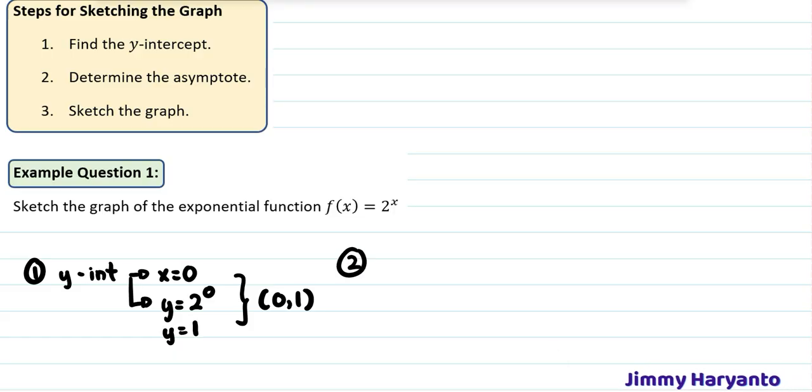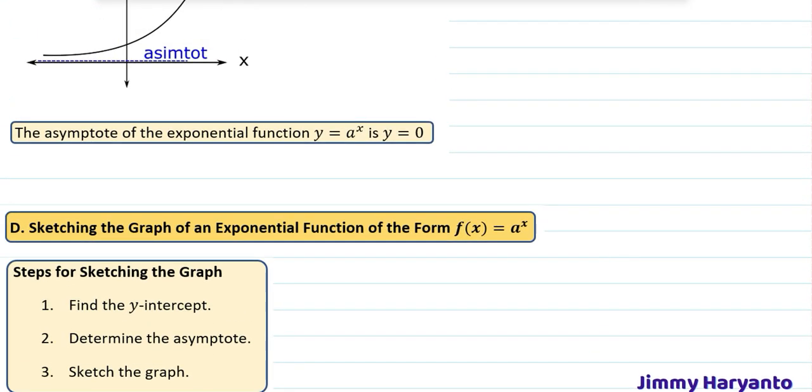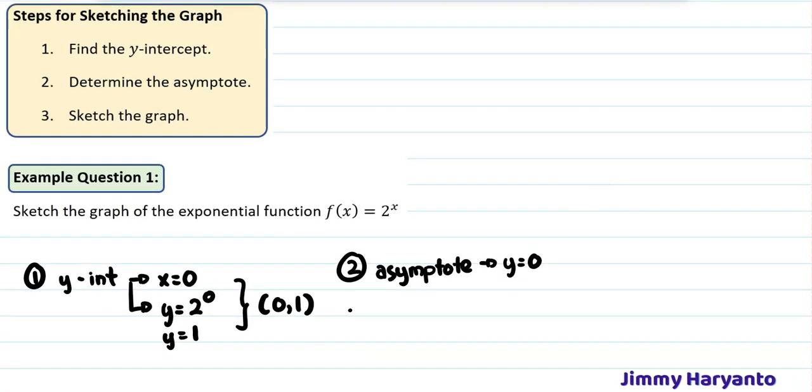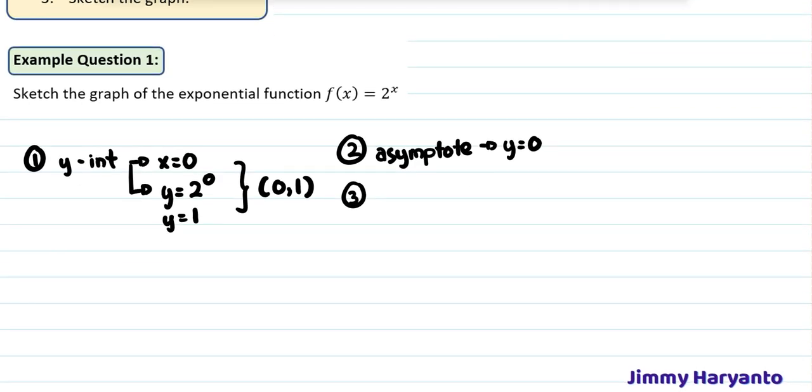Next is to determine the asymptote. Because this is the original exponential function, the asymptote is definitely y equals 0, as the definition of asymptote says. And then the third step is to sketch. Let's sketch it.